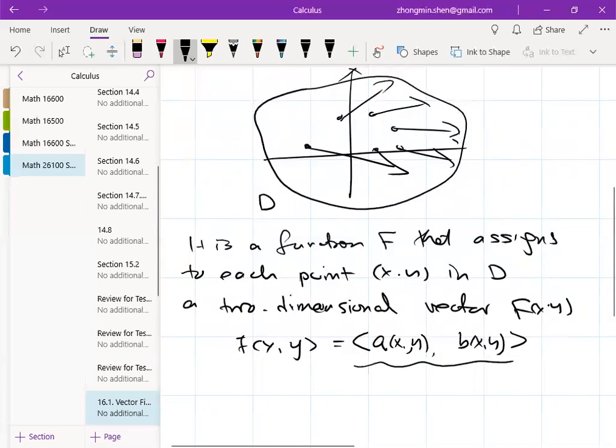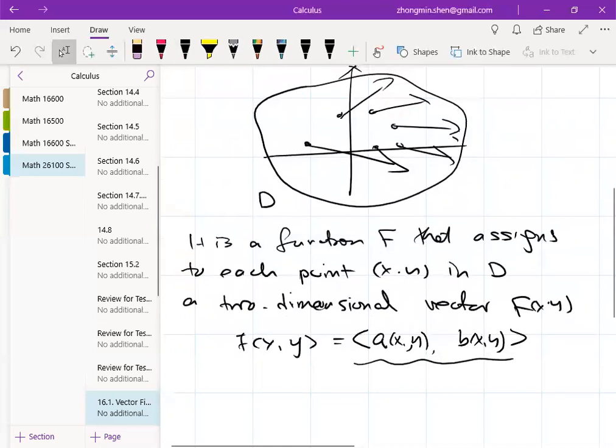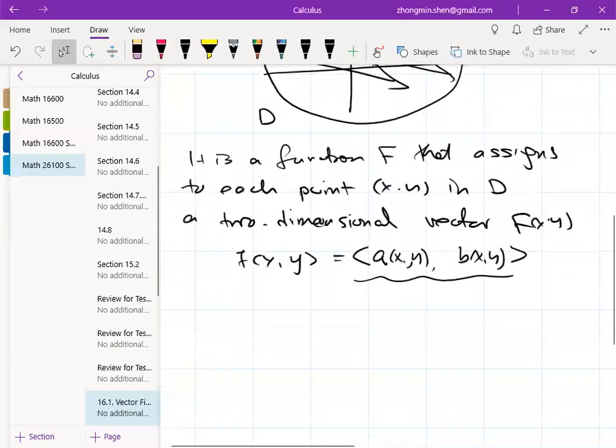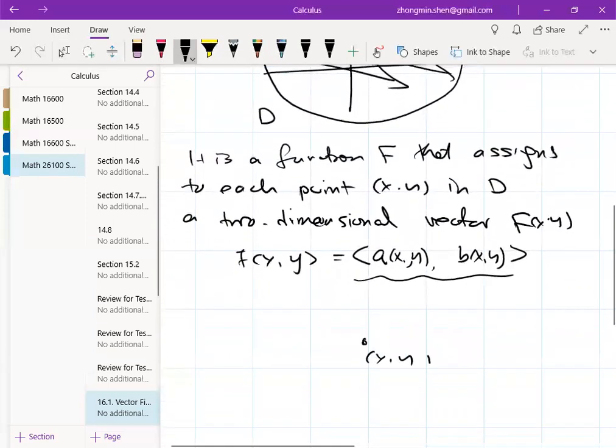Since it's clear that the starting point is at x and y, when you draw the vector, you have a starting point and you have the direction, so it can be uniquely determined. So this is a point x and y, and then here's a vector.